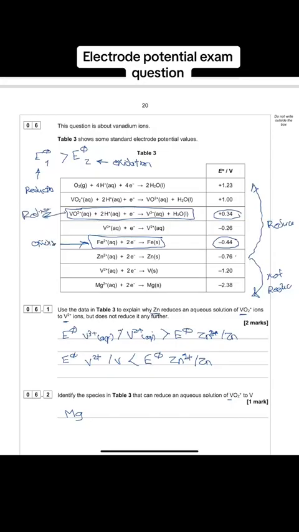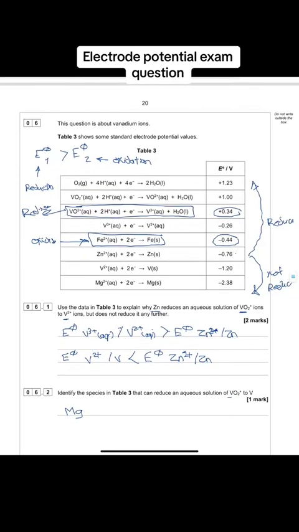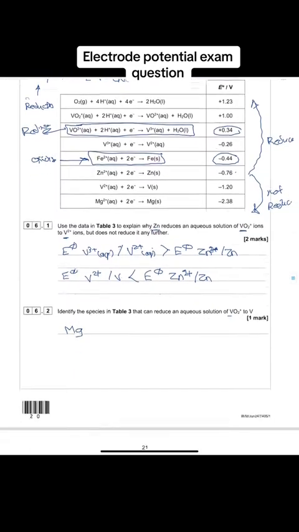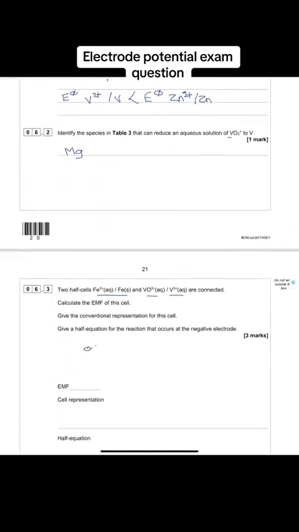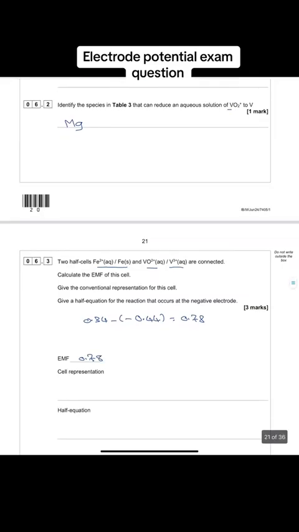So that means that when we calculate the EMF, we will put the standard electrode potential for the reduction reaction minus the standard electrode potential for the oxidation reaction. So now it's going to be 0.34 minus 0.44. So the EMF here is 0.78.